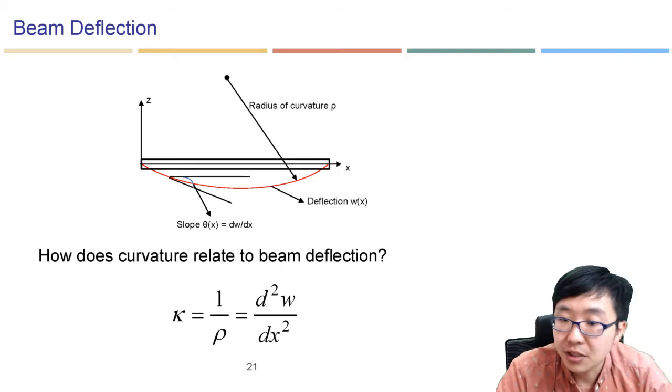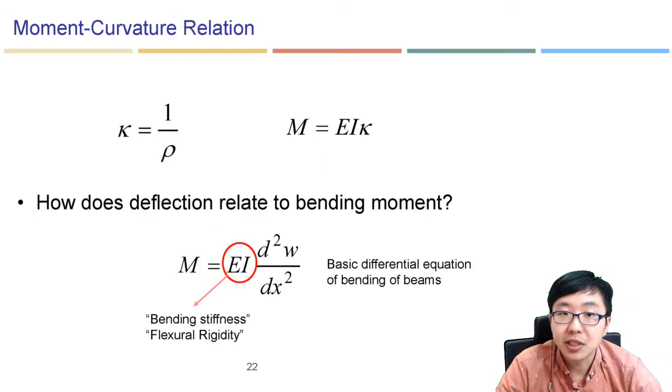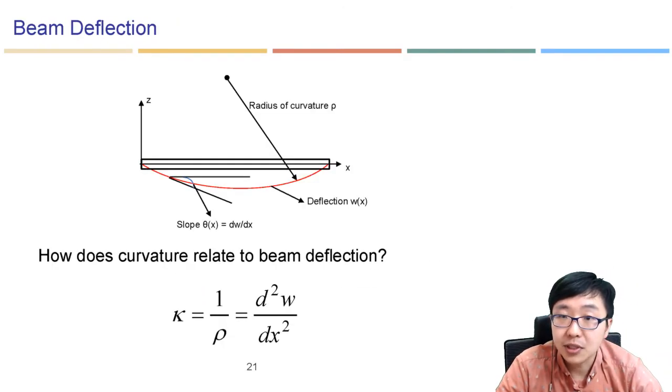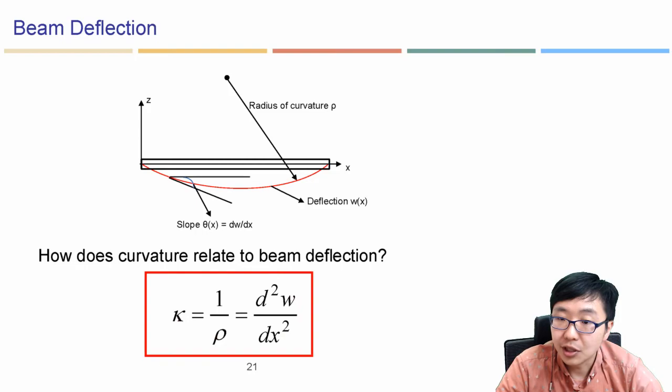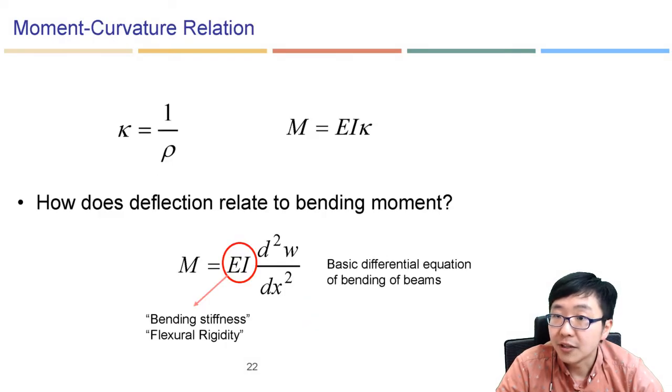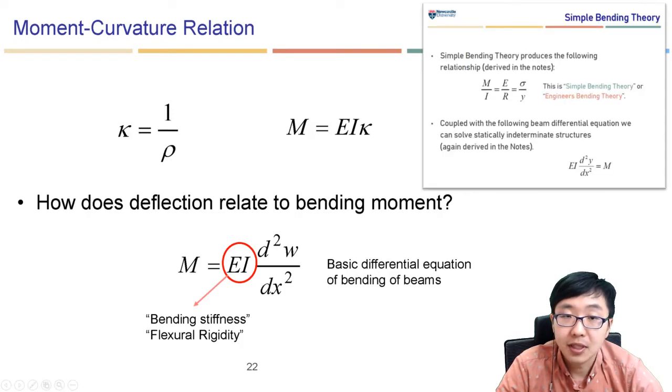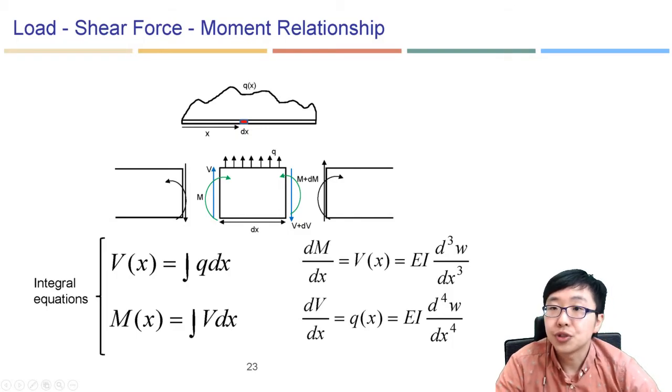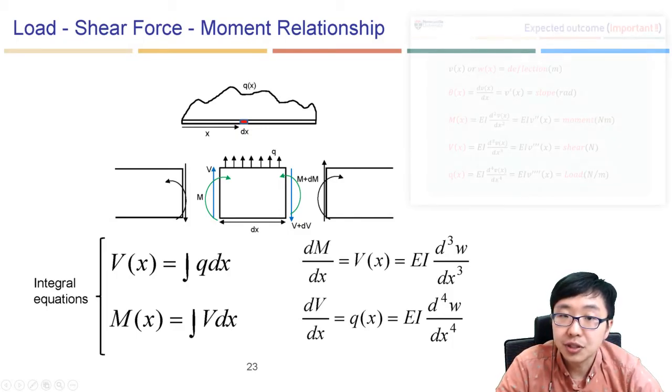And beam deflection, this is simple beam theory again. Please have a look again at how to derive this equation, curvature and the moment-curvature relationship. We have learned it before. Please derive it. And the load, shear force, moment relationship.